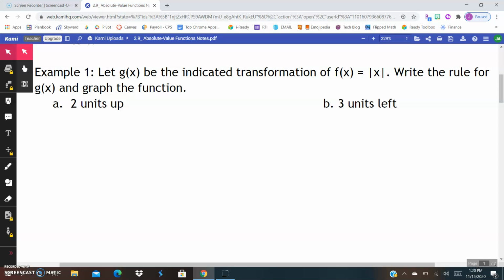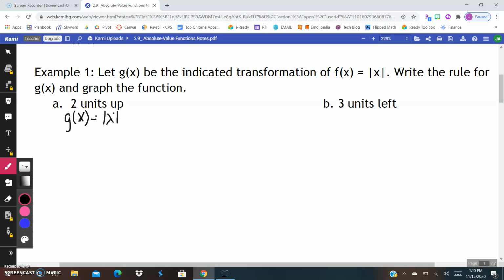Moving the graph up or down, we're simply going to add or subtract at the end. So if we're moving it up, we're going to add however many units, and if we're going down, we're going to subtract. So moving it 2 units up, we're just going to call the new one g of x, and we're going to take the parent function, absolute value of x, and moving it 2 units up is just +2.